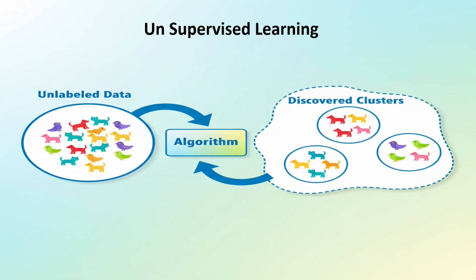Then the algorithm will try to define clusters based on their similarities. So the main difference from the previous type of learning is that here the data is not labeled, and the algorithm tries to group or cluster the images or data on its own, depending upon the features of the data.